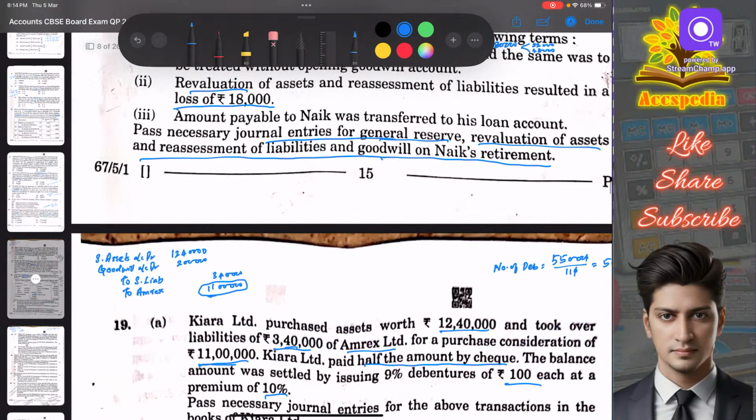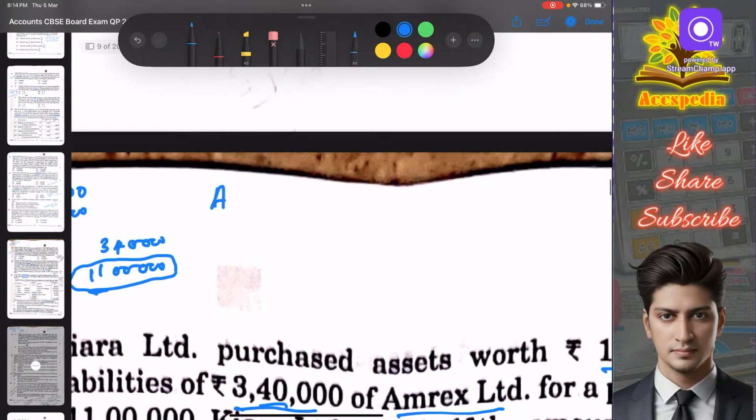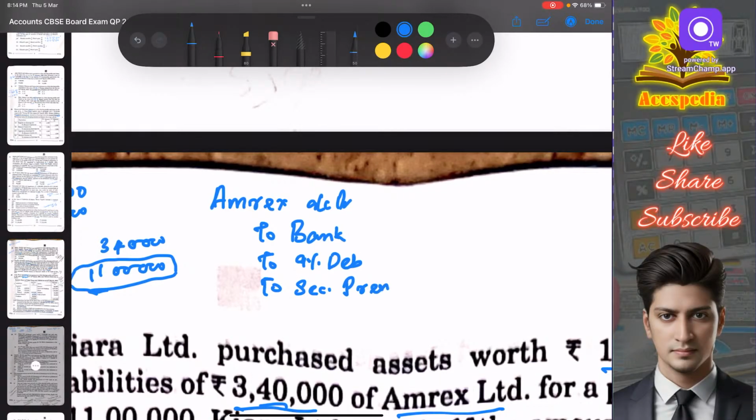So the second journal entry would be Amrex Limited account debit to bank, because half you are going to pay. The remaining half by 9% debentures, and since it is issued at premium, securities premium. So Amrex Limited is 11 lakh, bank 5 lakh 50, and debenture is 5,000 debentures of 100 each, always face value.